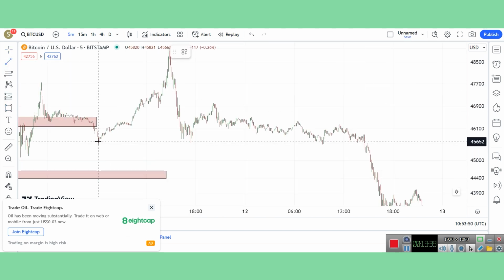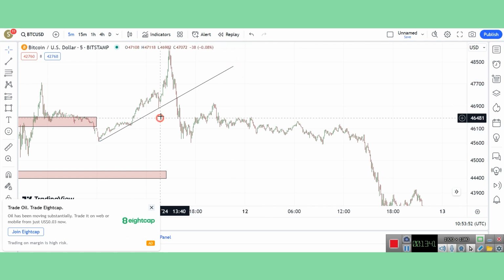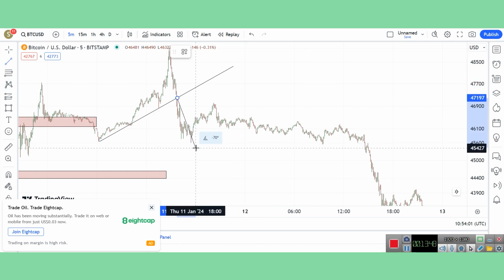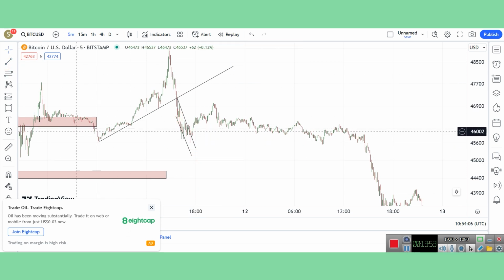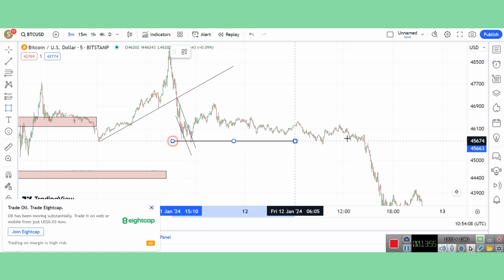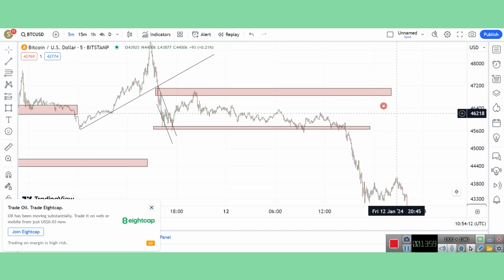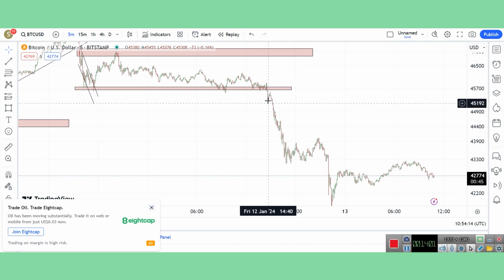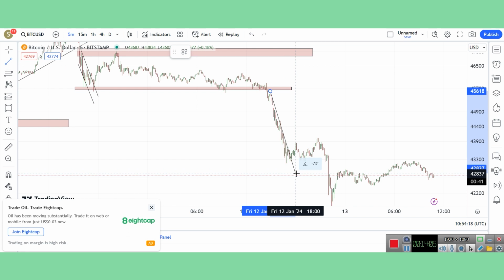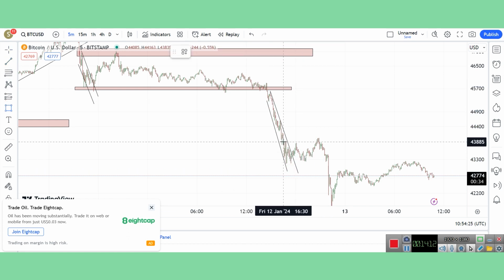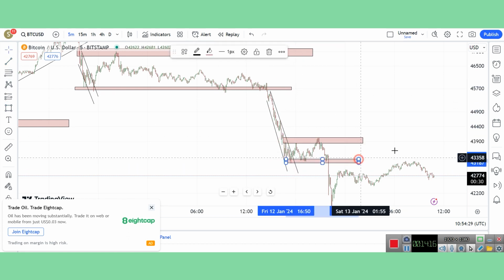Here we have this trend line, breakout, then channel, here different corrections, and trading range. Again, breakout, spike, corrections, channel and trading range.